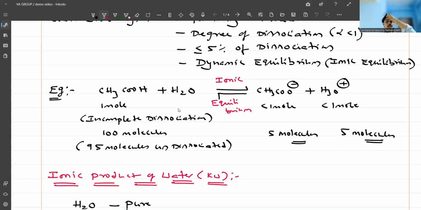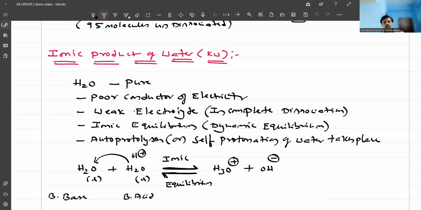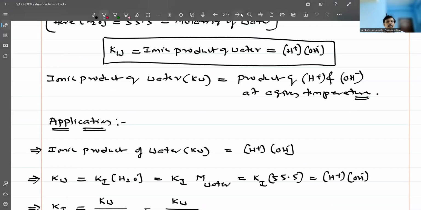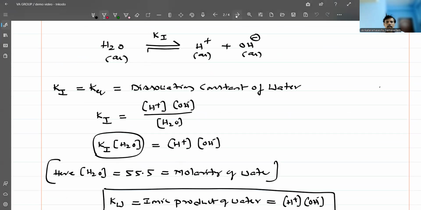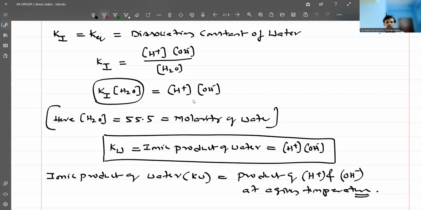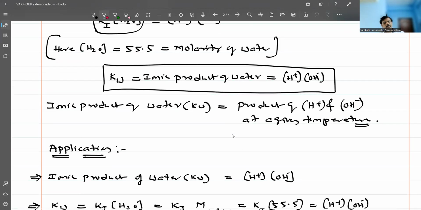Whenever there is an equilibrium constant, based on it I can say ionic product of water using the equilibrium constant. Finally, I get a Kw expression. That Kw expression is nothing but ionic product of water, Kw is equal to H plus ions concentration into OH minus ions concentration. So how can we apply this formula to calculate different questions?